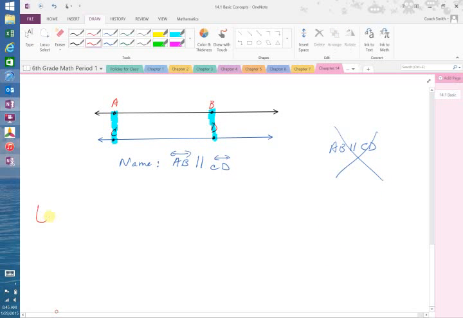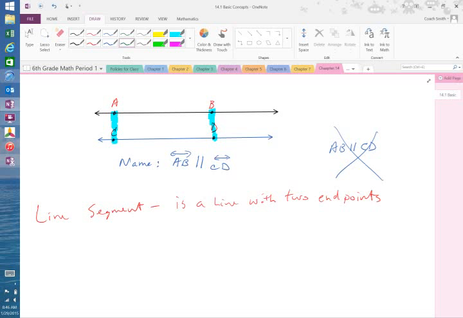All right, now, next one is a line segment. The line segment is a line with 2 end points. And usually when we do a line segment, it looks like this.